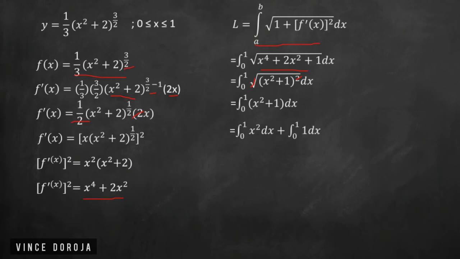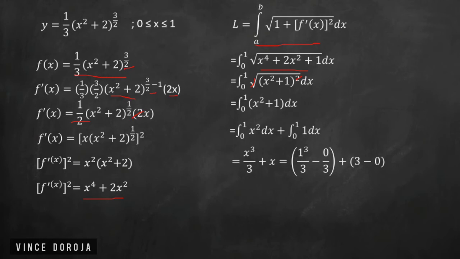Next is gagamit tayo ng sum and difference. Integral of x squared dx evaluated from 0 to 1 plus integral of 1 dx evaluated from 0 to 1. Ide-derive na natin yung dalawa. Yung x squared magiging x cubed over 3 tapos yung 1 dx magiging x na lang. So substitute natin yung value ng a and b.